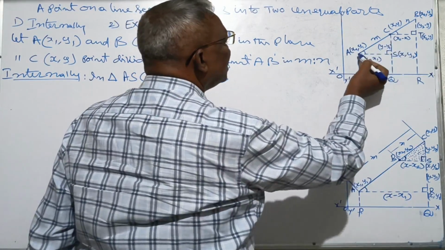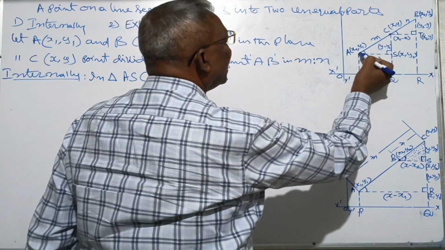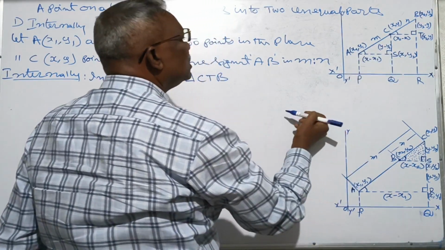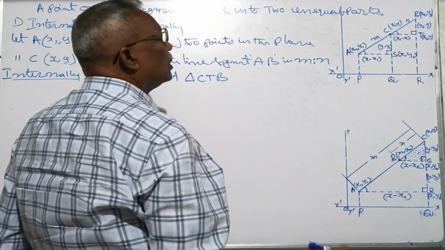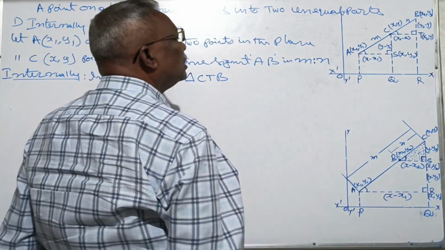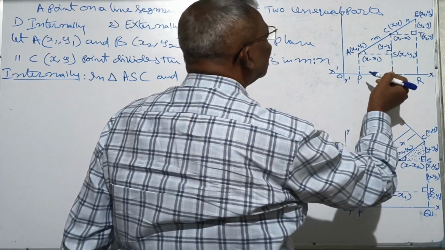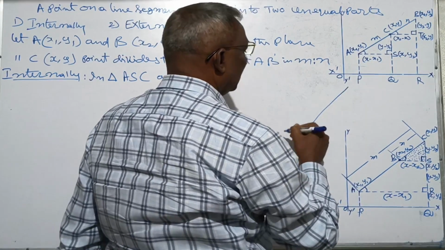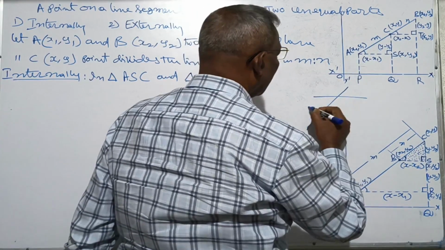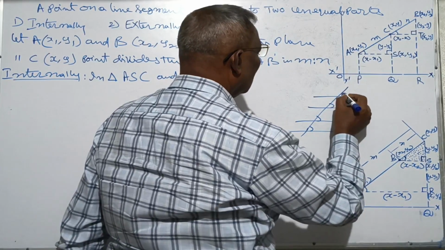In both triangles, angle CAS is equal to angle BCT. Why is it equal? Since they are corresponding angles. If you draw any number of parallel lines, all corresponding angles are equal.